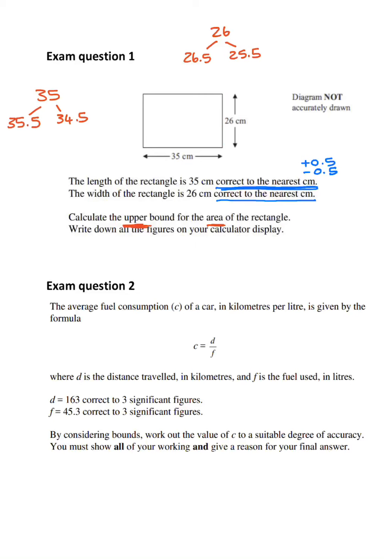So the upper bound of my area will be maximum possible length, 35.5, multiplied by my maximum possible width, which is 26.5.